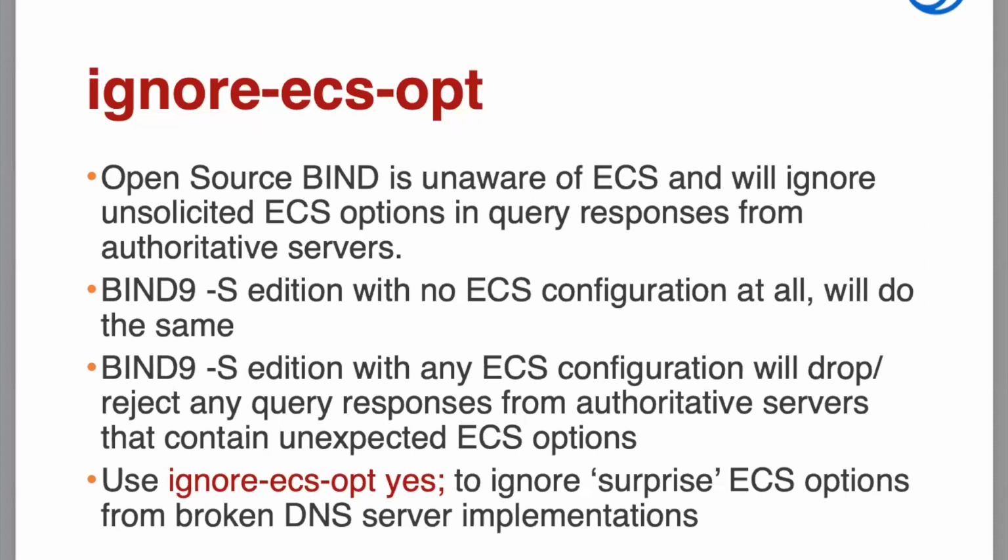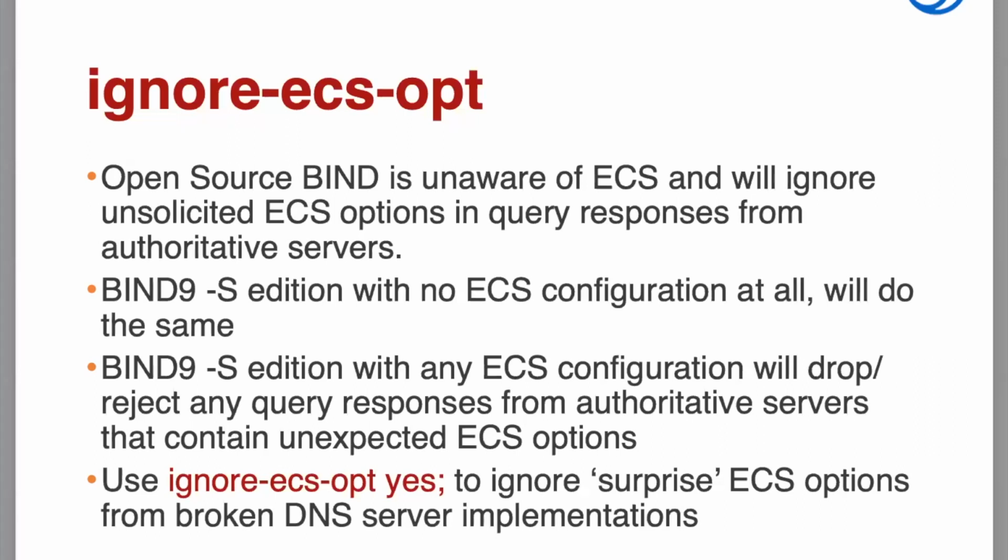I touched on this one before. This is where you're not expecting to do ECS for a particular zone, but suddenly out of the blue, the resolver that you have sent a query to without any ECS options on has responded with ECS in the response. Oops. If you had not been configured to do ECS, then that wouldn't be a problem.